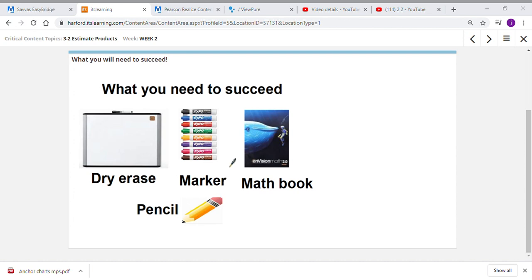Let's look at the digits in the tens place: 2 and 7. 2 times 7, we know, 7 plus 7 is 14. That leaves us with these 2 zeros.